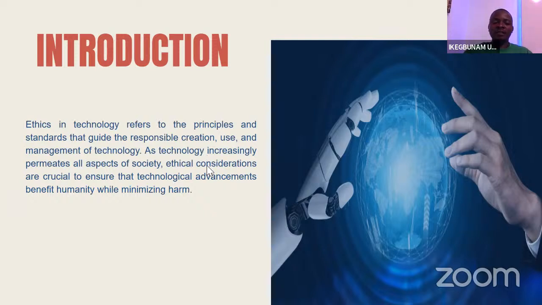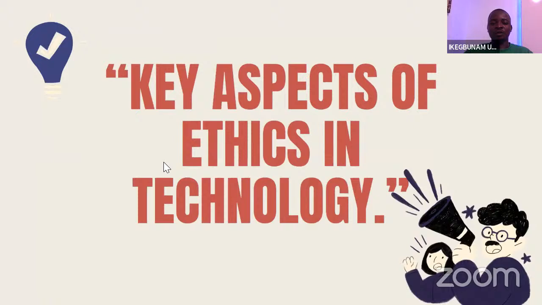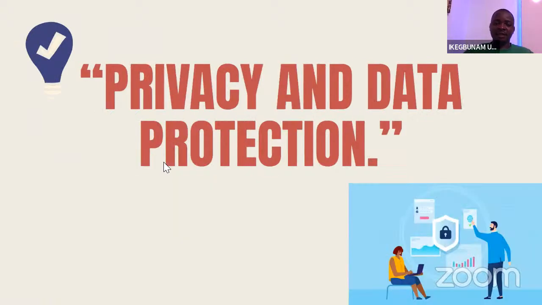As we all know, technology is increasingly growing today. So ethics in technology permits you to follow that standard approach to ensure the safety of your users, or the safety of the clients that you develop your application for.